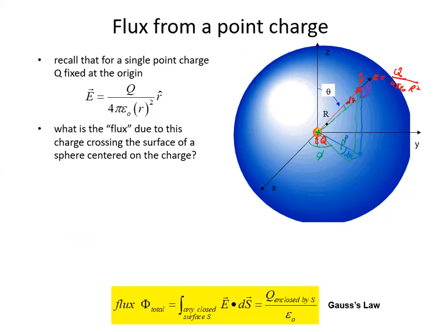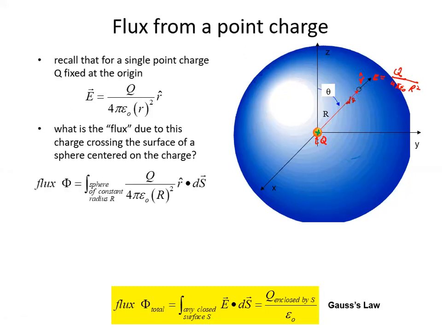So how much flux is going out through this differential area? That we need to calculate. Shortly I'll show you a little visual of this phenomenon. The intensity at this particular point is E equals Q divided by 4 pi epsilon naught r square.